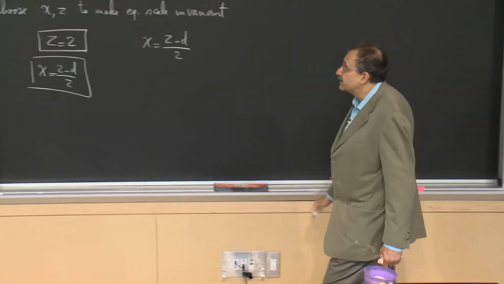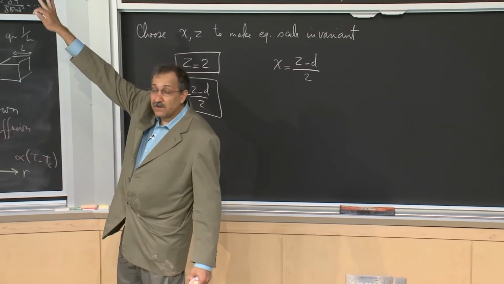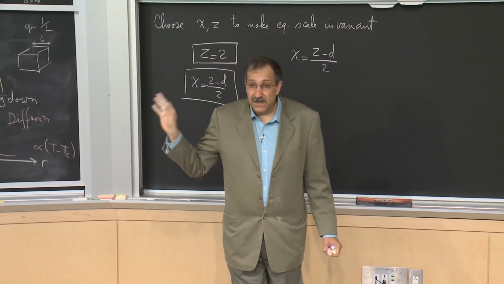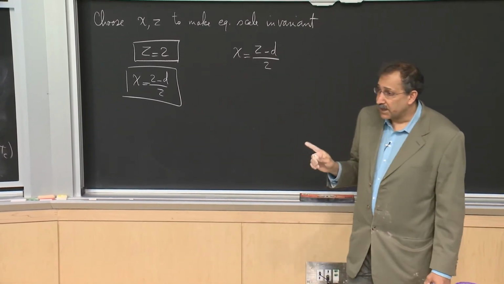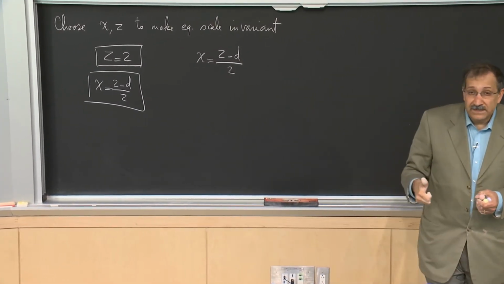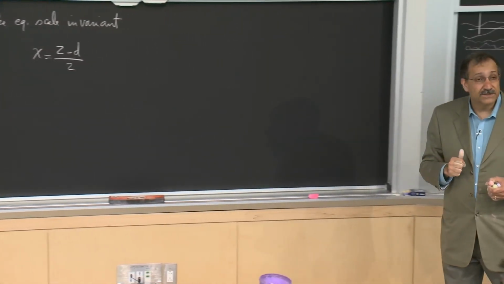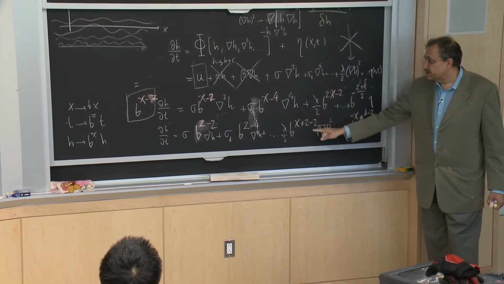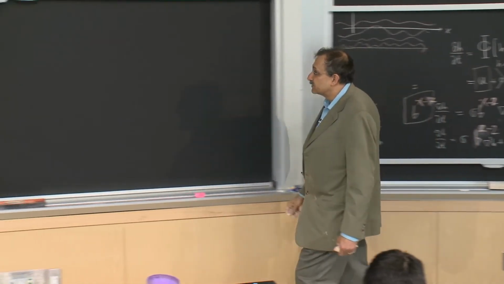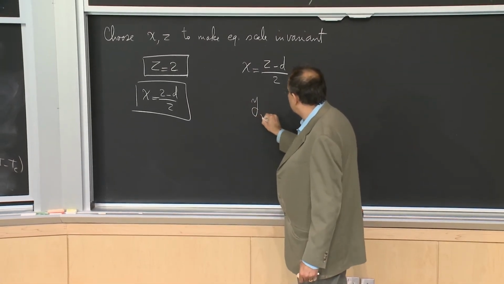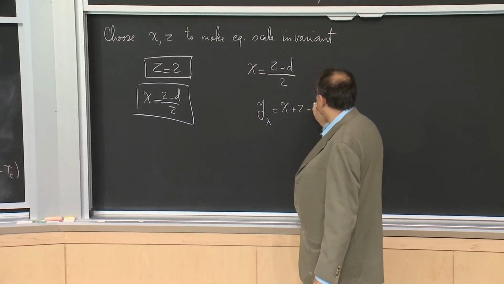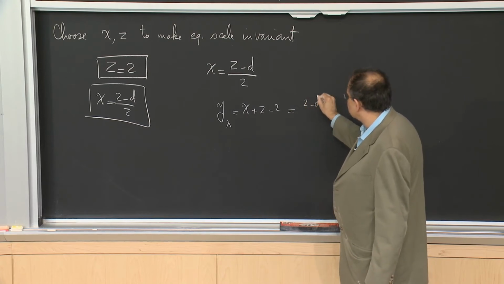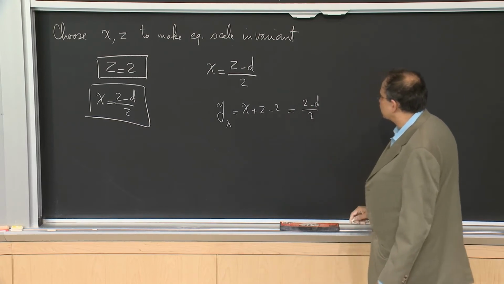You would have done exactly the same answer if you had just gotten a kind of a scaling such as this for the case of the Gaussian model without the nonlinearities. But for the Gaussian model with nonlinearities, we could also then estimate whether the nonlinearity u is relevant. So here we see that the coefficient of our nonlinearity, this lambda, is governed by something that is chi plus z minus 2. And our chi is 2 minus d over 2. Z minus 2 is 0.